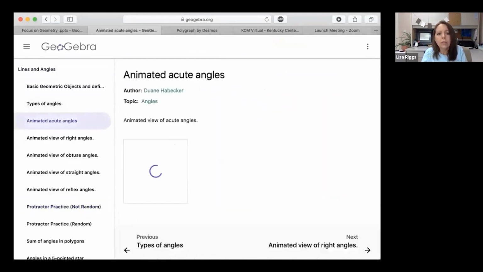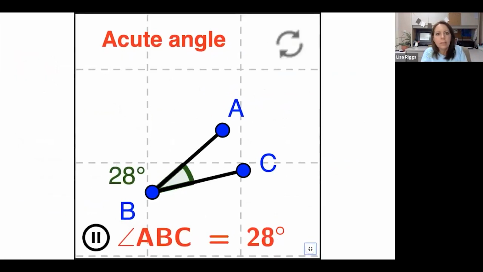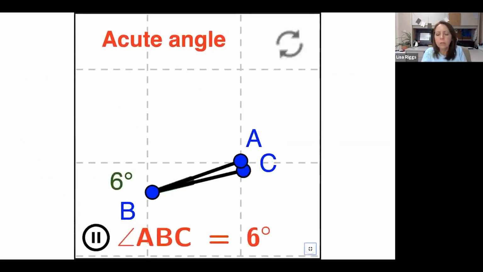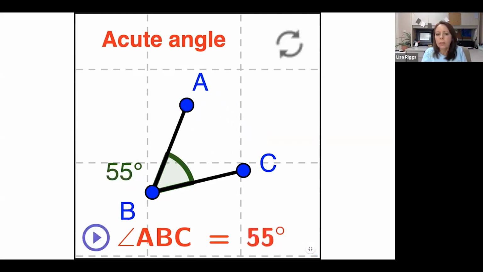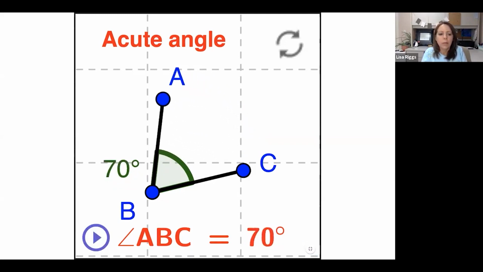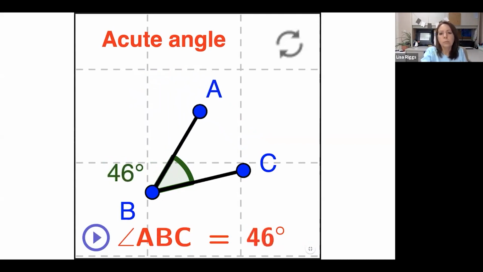Different angle types, being able to recognize those. This is just a little demonstrator that can demonstrate acute angles, and you can stop it at any point and talk about the measurements and what makes it acute and define it.